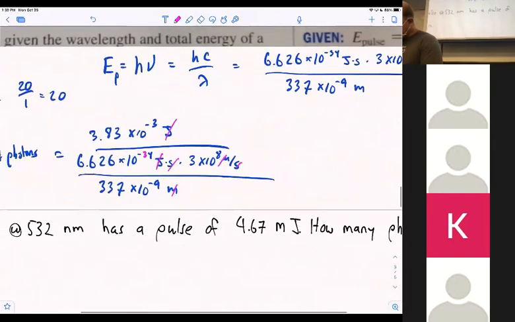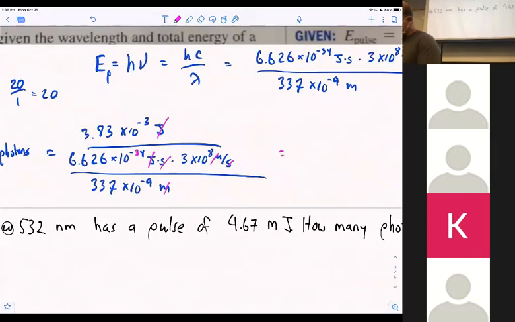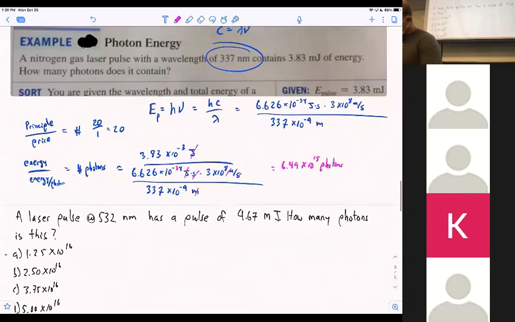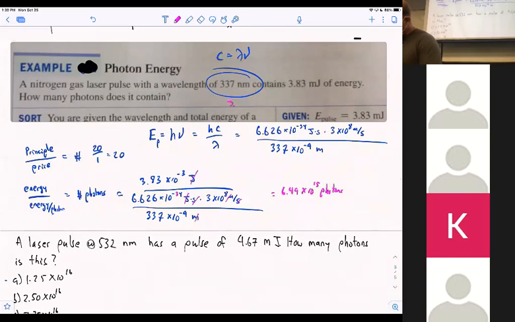So unit-wise it works out. And if you just put that in your handy dandy calculator, and I'm going to cheat and look at the answer, it is going to be 6.49 times 10 to the 15. The wavelength is 3.37 times 10 to the minus 7 meters.